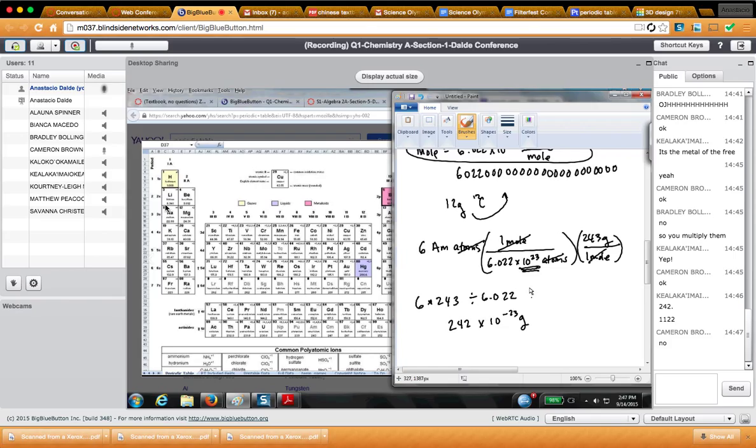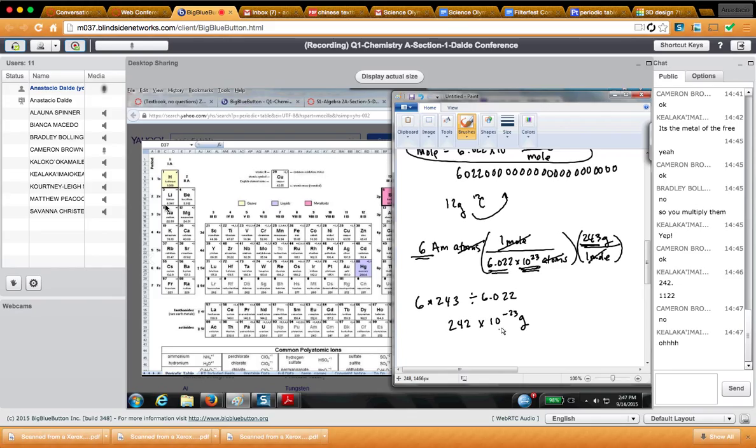So I dealt with just the numbers, and then I slapped on the scientific notation part, which is times 10 to the 23 in the denominator. So if I move it up to the numerator, it's times 10 to the negative 23. Now does it make sense?